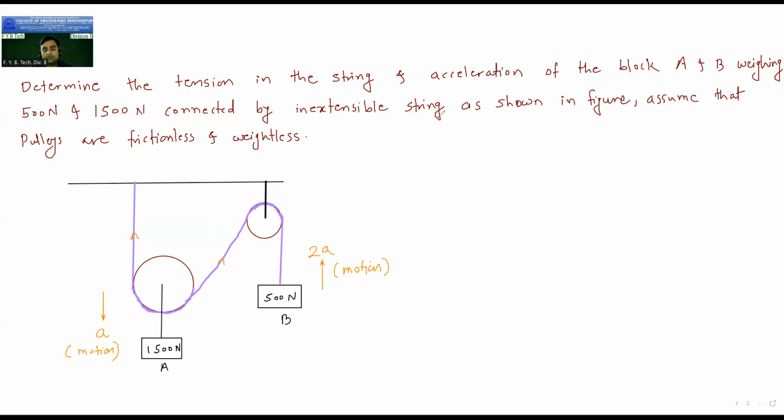So now here, first of all, I will draw the free body diagram of this 1500 Newton block. If you draw the block, this is the block. The weight of this is 1500. From this point, weight will act.